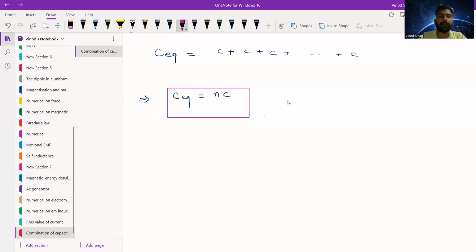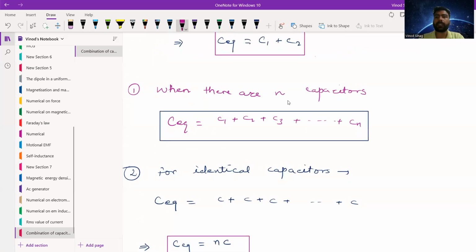That's how we can find the equivalent capacitance of given connections, like series connection and parallel connection of the given capacitors. They will give you the values of capacitance, or they will ask you to find the equivalent capacitance.